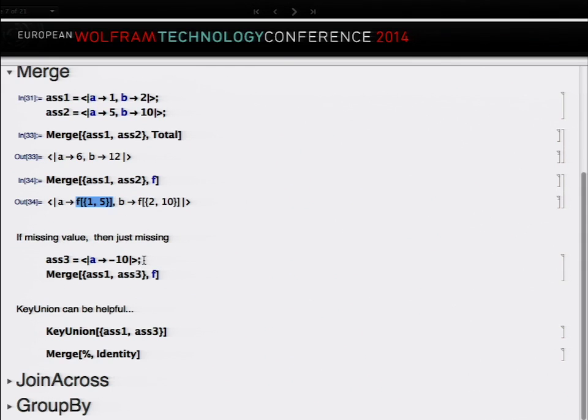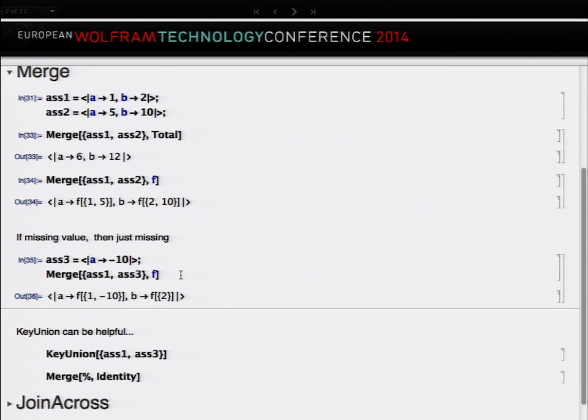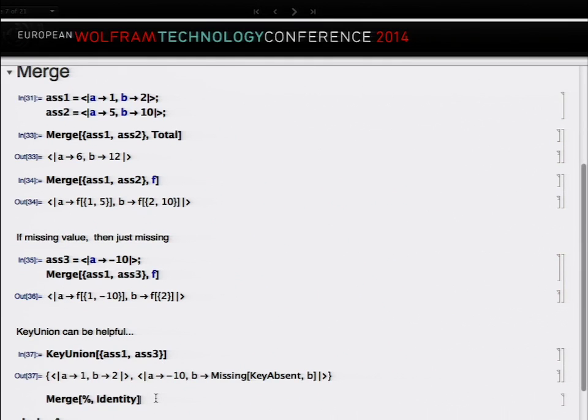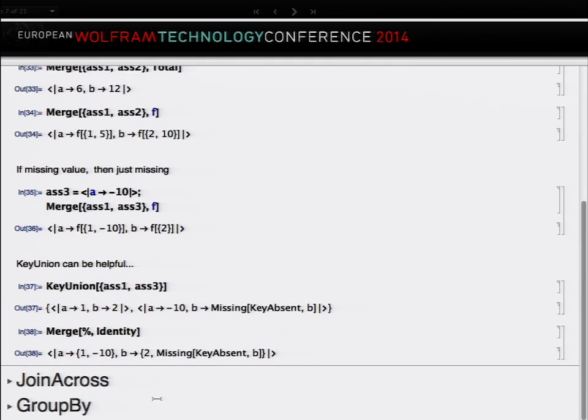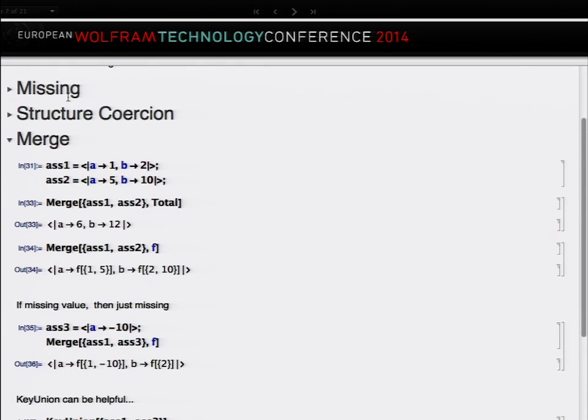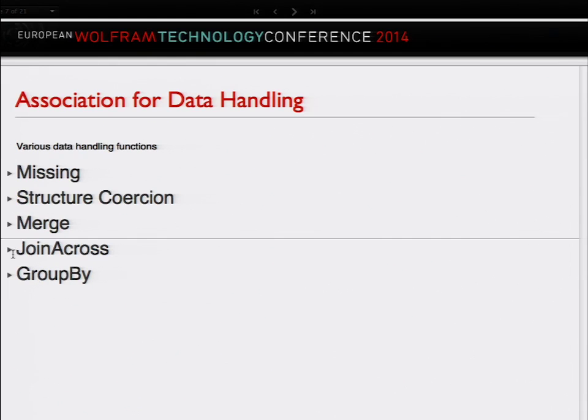And if there's a missing value, then it's just going to be absent from the final result. So if you wanted to know which parts were missing, you might use KeyUnion beforehand. That's what I did there, and now I'm able to pick out the things that were missing. So that's the Merge function.